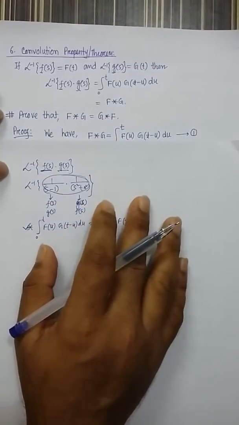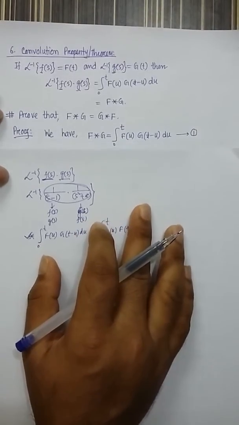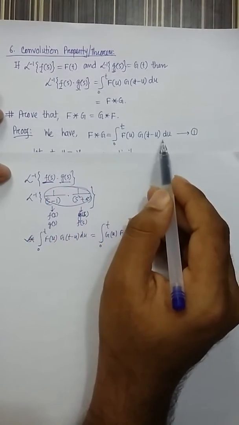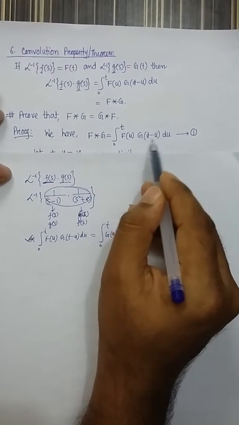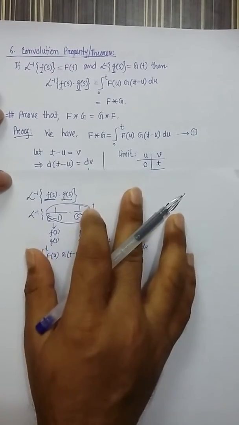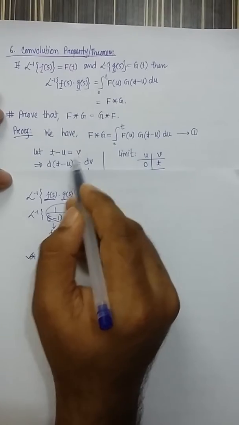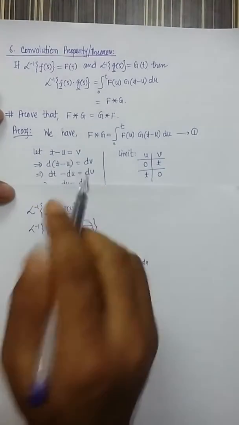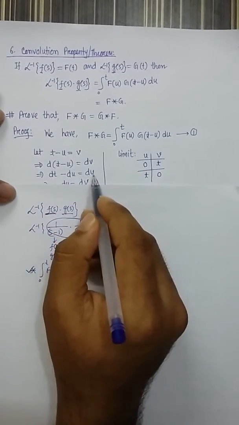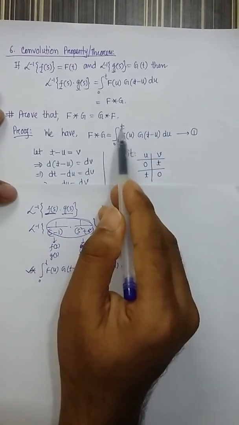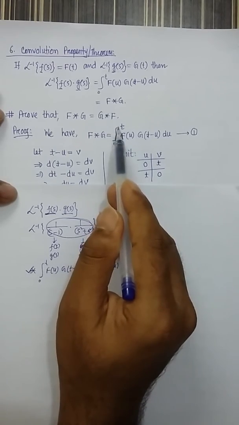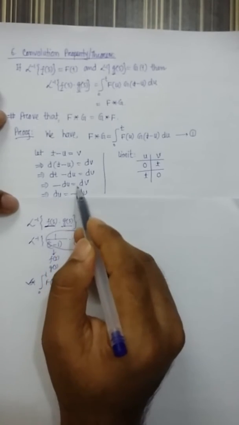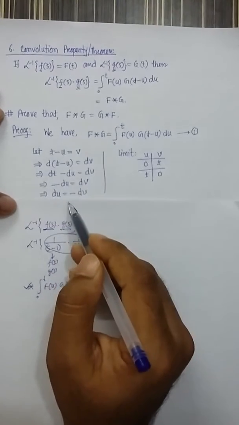So we will see this mathematically. We have f star g equals, this is the convolution formula. We will change this variable by another variable, writing t minus u equals v, and its derivative becomes dv. Since t is the limit of integration, it is constant here, so dt will be 0, and it remains minus du equals dv, that is du becomes minus dv.